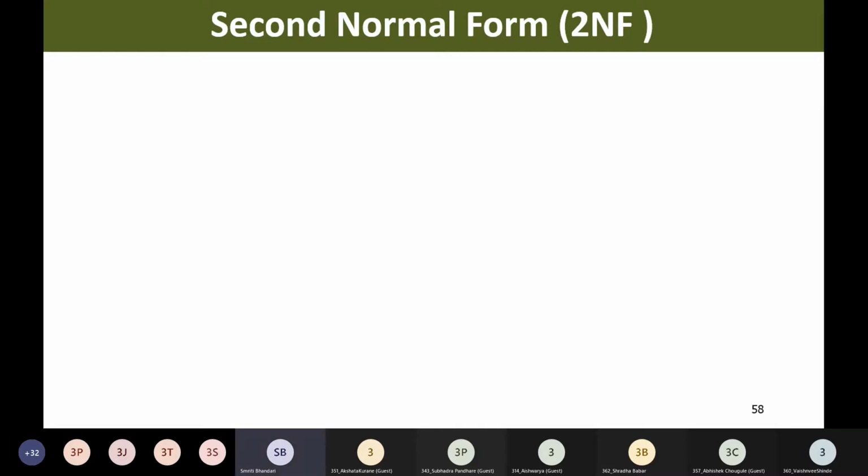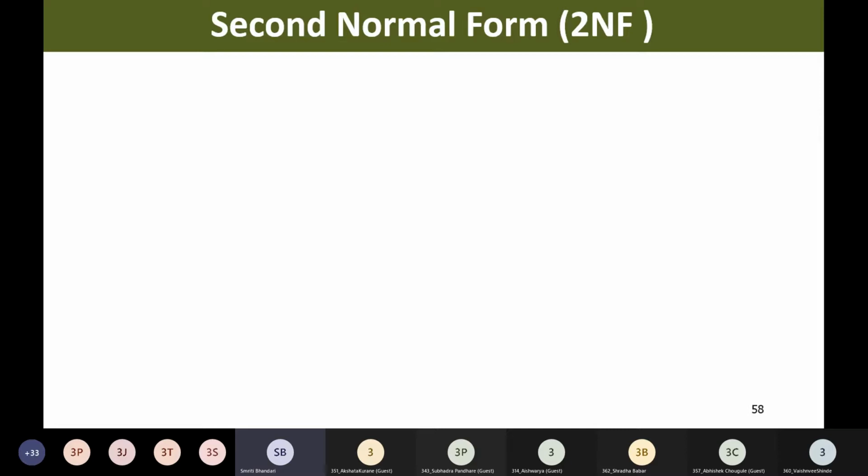In other words, if each row and column intersection of the table has a single value, then we say that our relation is in 1NF.